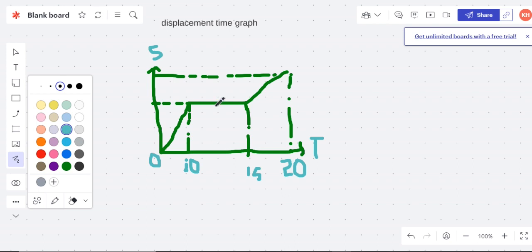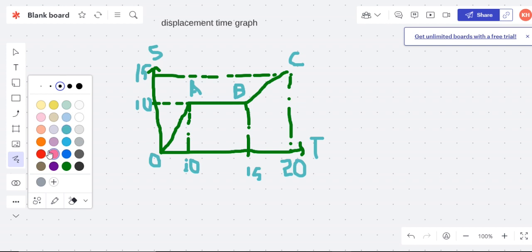This is A, this is B, and this is C, and these are 10 and 15. This is the complete information I have written here.